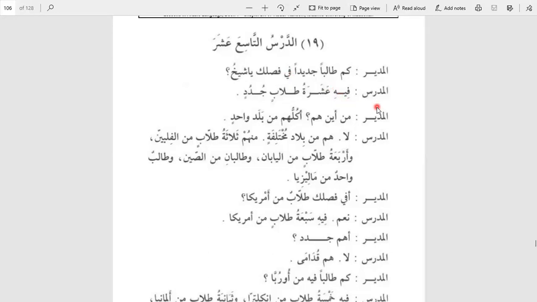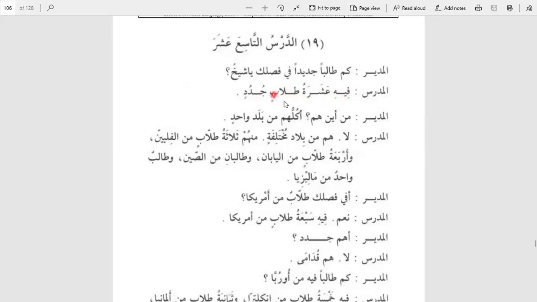And the teacher says, fihi asharatu tulabin jududun. What is fihi in this sentence? We know that whenever we start with the jarun in a nominal sentence, it becomes khabarun muqaddam, shibhu jumla khabarun muqaddam, which means it comes before the mubtada.